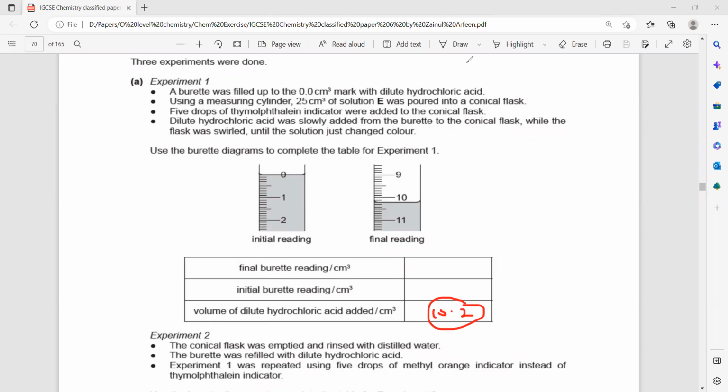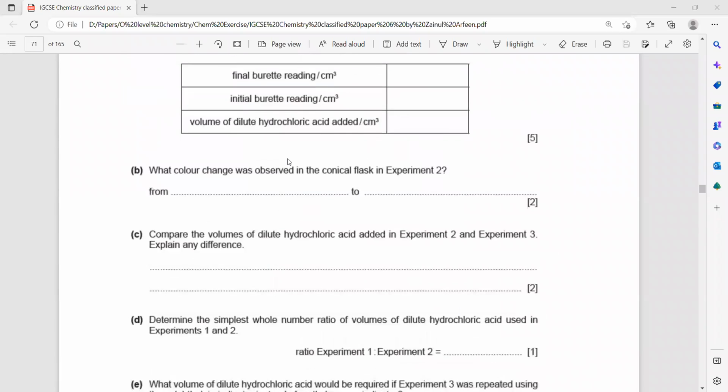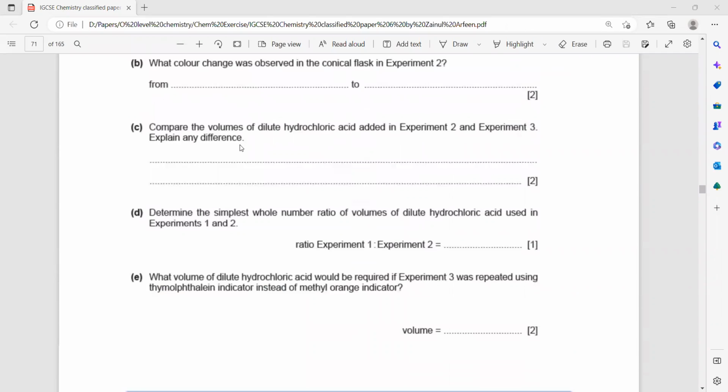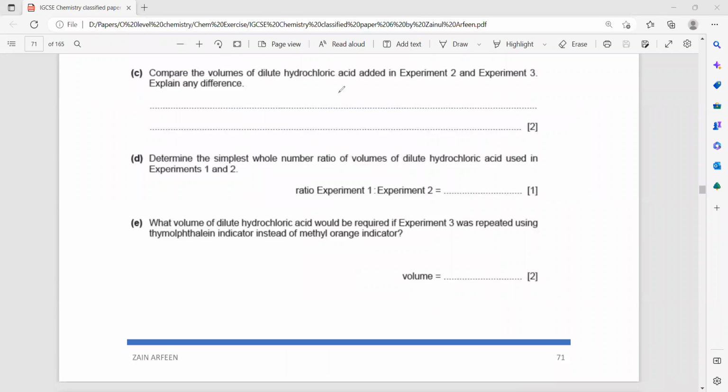And we identified that the concentration ratio between E and F is 1 is to 1.5. What is the ratio of the concentration for the two solutions E and F? When we worked out here, the ratio is 1 is to 1.5, a comparison ratio. Same thing for E. If we have, for example, 25 cm³ of E, you can also take the ratio between the amount of HCl needed in experiment 1 and experiment 2.